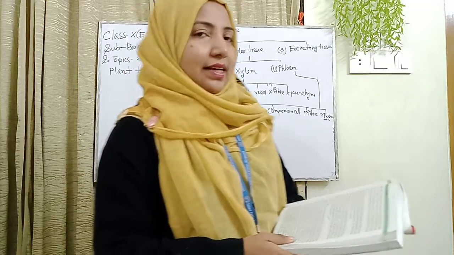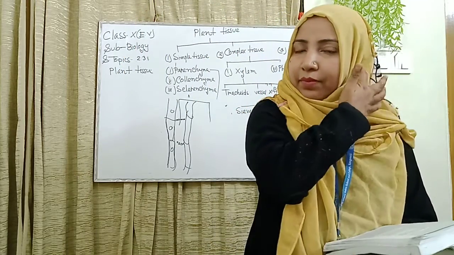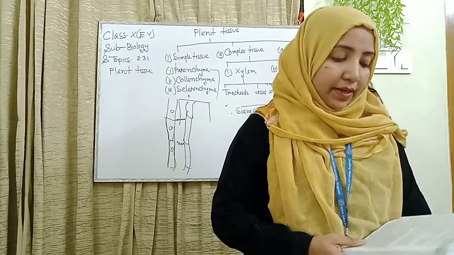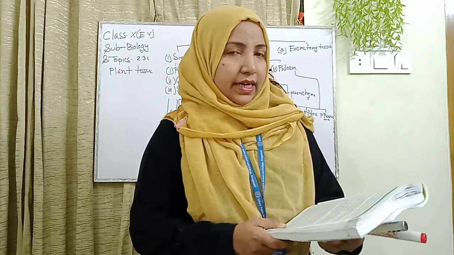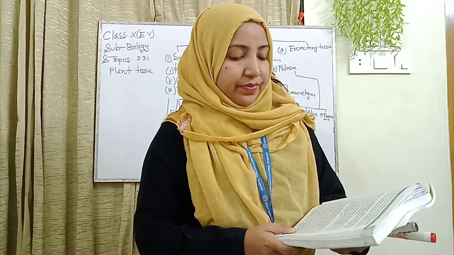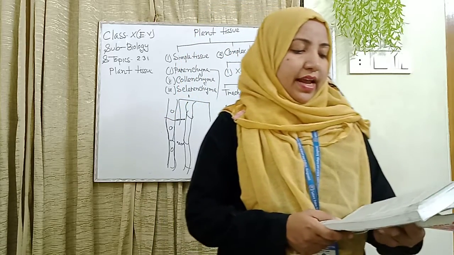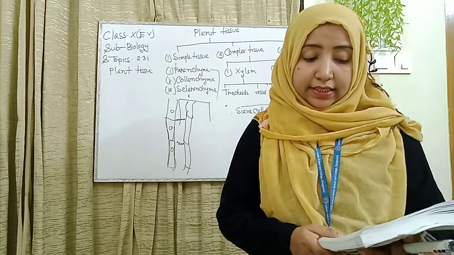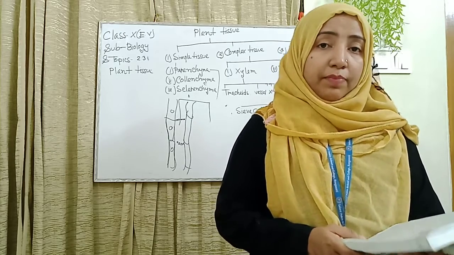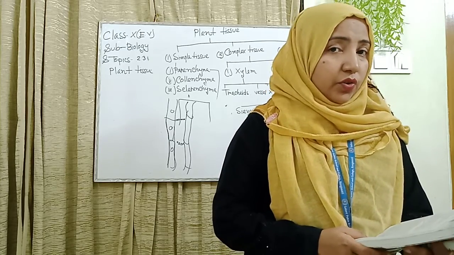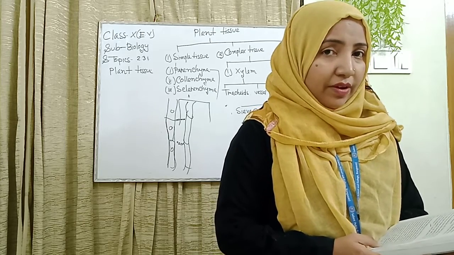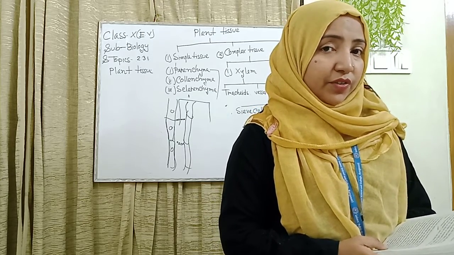Our last structure of the plant tissue is the phloem fiber. Phloem fibers are sclerenchyma cells. These long cells are arranged end to end with each other. They are also called bast fibers. We also know the first structure is the wood fiber. Now this is the bast fiber.